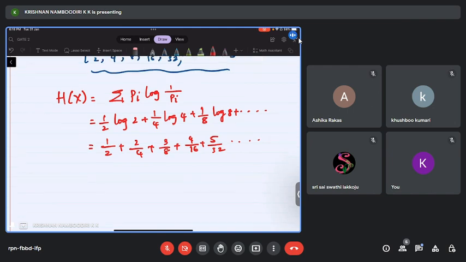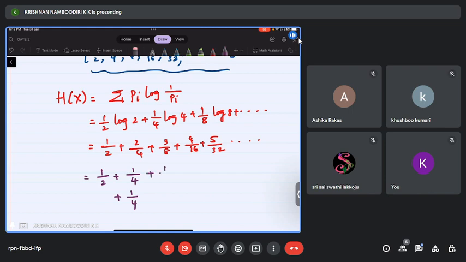So how do we find out that? There is a trick. Most of you may be knowing that, but still I will do that. This 2 by 4 I will split into 1 by 4, again 1 by 4. So now 1 by 4 plus 1 by 4 is 2 by 4.